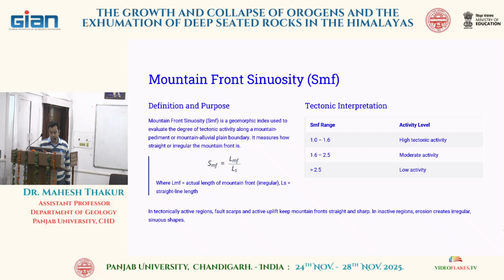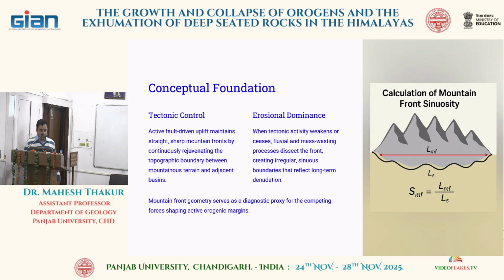Okay. So now this is the conceptual model basically. If the mountain is active, then active fault driven mountains maintain straight, sharp mountain fronts by continuously rejuvenating the topographic boundary between the mountain terrain and the adjacent basins. Okay.